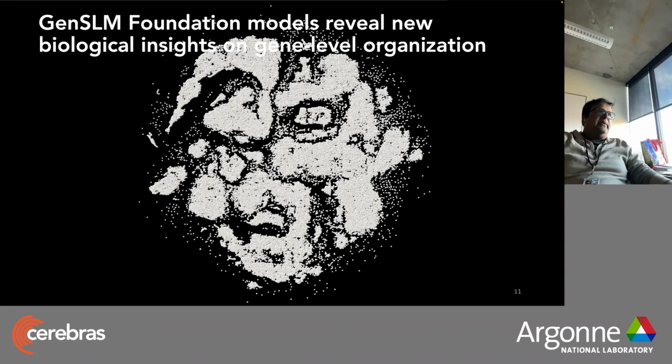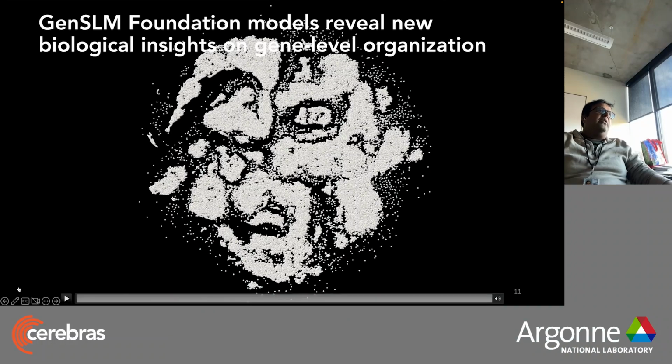I'm going to talk a little bit about the biological insights that we get from looking at this dataset. What you see here is a t-SNE embedding of a small subset of the 110 million sequences that we took over, and each dot here is a gene. Now I'm going to use that to illustrate some of the properties that we learned from the data.